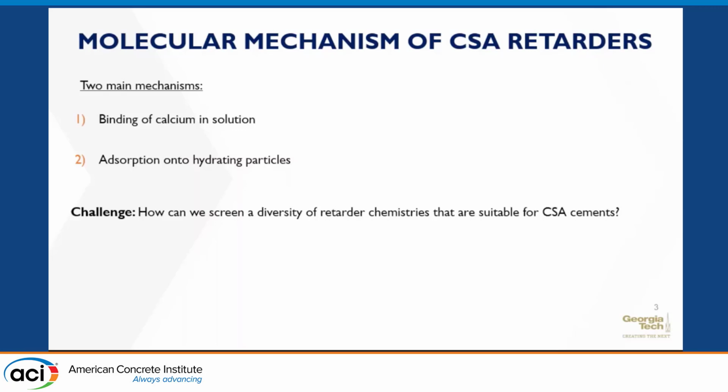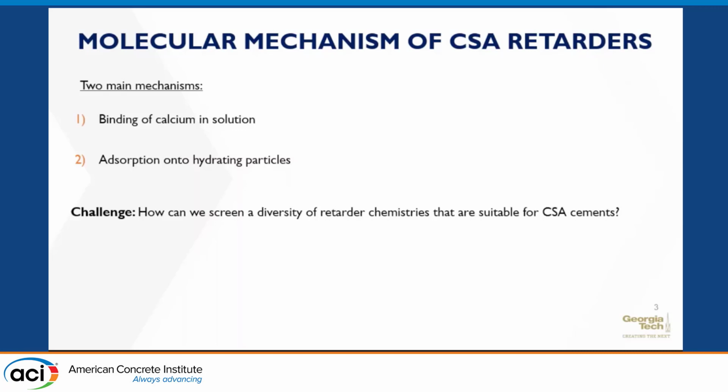Two of the most common retarders used in CSAs are citric acid and tartaric acid. Citrate and tartrate are powerful chelators of aqueous calcium ions, which also impacts the nucleation and growth of the hydrates. The second mechanism is adsorption directly onto hydrating particles.